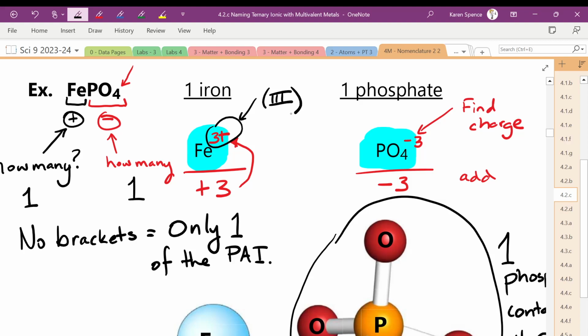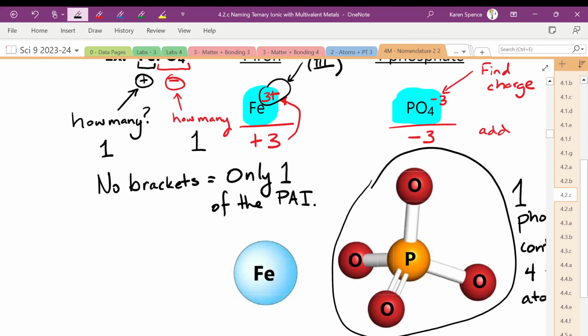Okay, so now we have iron, Roman numeral 3, phosphates. And what that has told us is that we have Fe3+. That 3+ is that 3 right there.